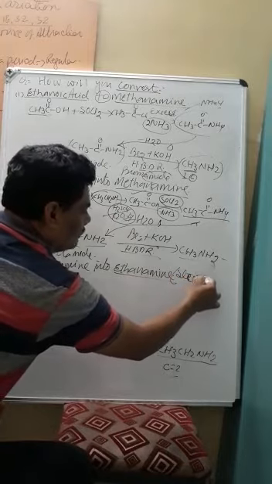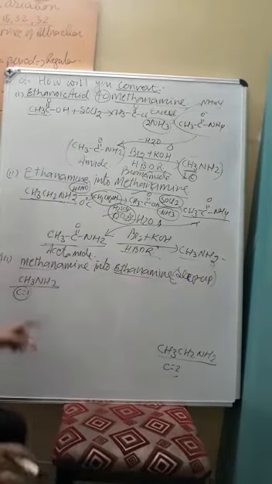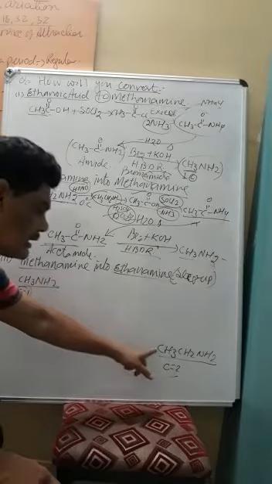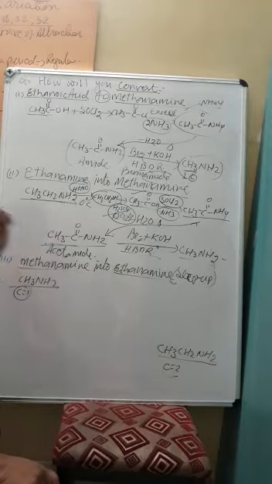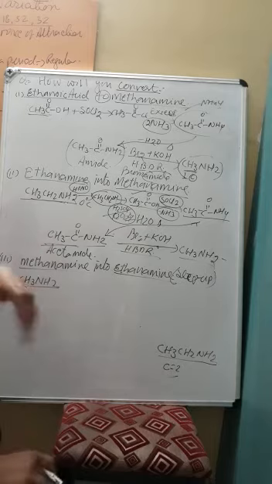So we can consider it a step up reaction. Now, how to obtain a compound with more carbons from a compound with fewer carbons? Student, what we have to do is select a reagent which consists of one carbon.